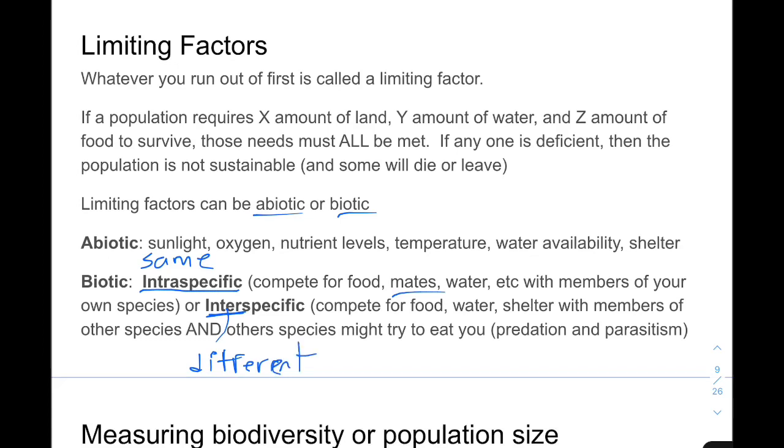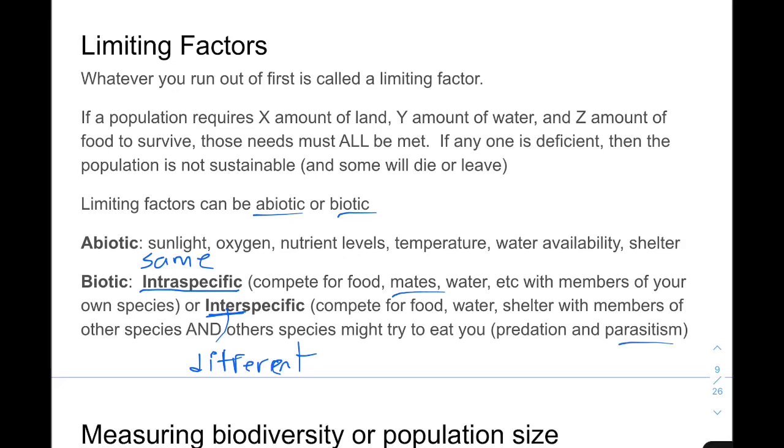And that can be the same as intraspecific things. You're both competing for food. Sure, lots of different herbivores will want to eat the same grasses or the same leaves or whatever. But it can also be different. It could be predation. You could be a rabbit competing for grasses with other rabbits and also with other herbivores, but you could also be hunted by fox or coyote or whatever.